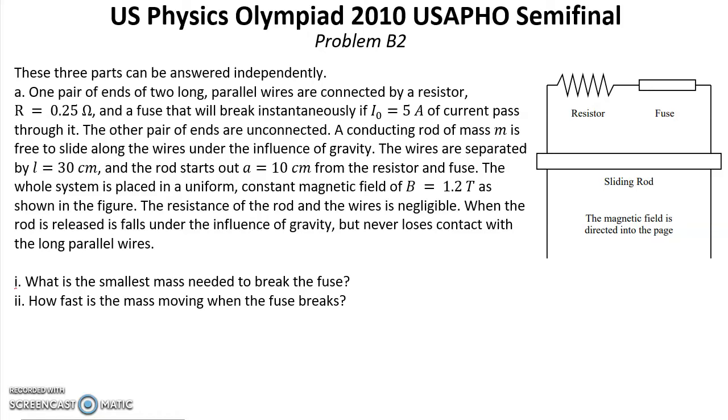The whole system is placed in a uniform constant magnetic field of B equal to 1.2 Tesla, as shown in the figure. The resistance of the rod and the wires is negligible. When the rod is released, it falls under the influence of gravity, but never loses contact with the long parallel wires.